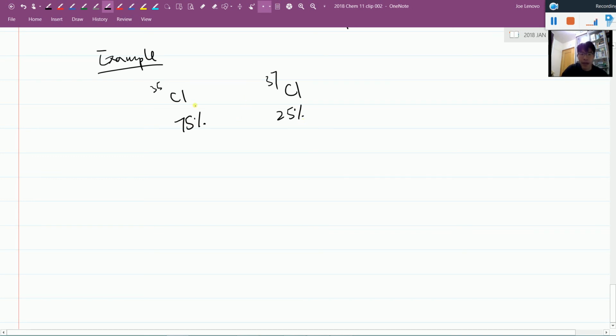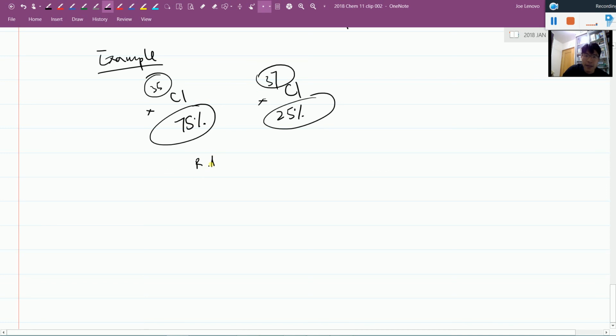It's the percentage times the mass, plus this percentage times this mass. So the relative atomic mass for chlorine would be 35 times 75, plus 37 times 25. But the number would be too big, so divide by 100, then we will get the answer.